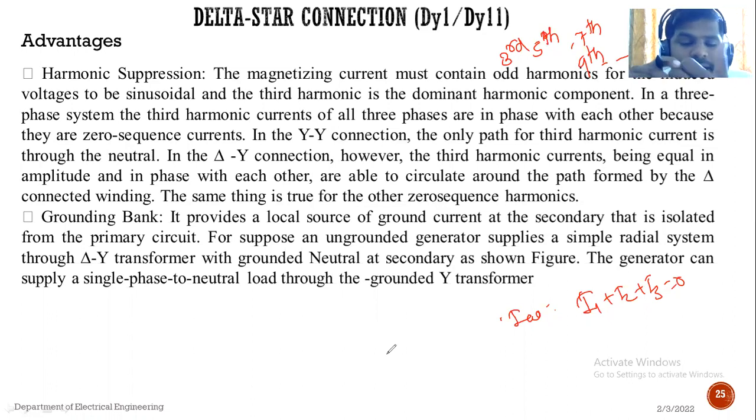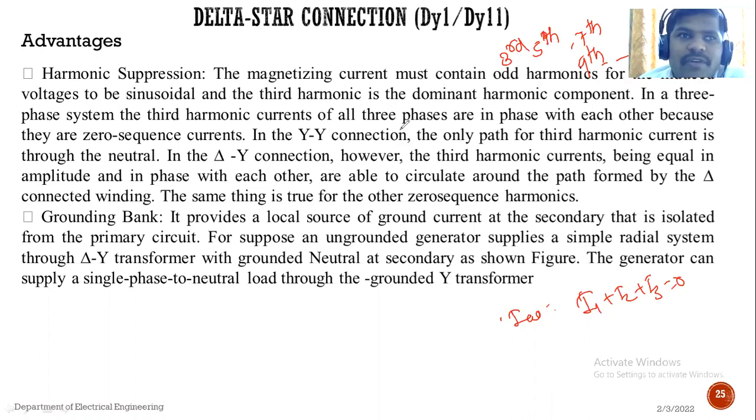Okay, now the next advantage is that the grounding bank, as I have told earlier, will provide a local source of grounding current at the secondary side, and due to that current it will be isolated from the primary circuit if any fault occurs. एखादा fault occur झाला की due to grounding bank it will act.